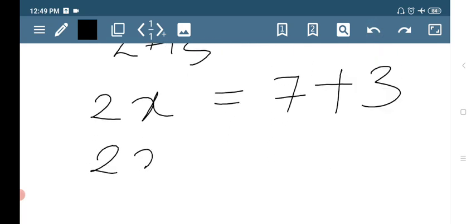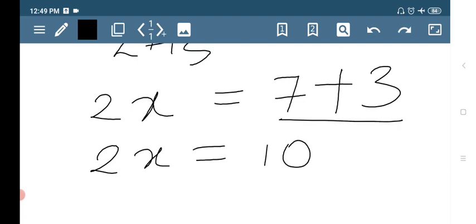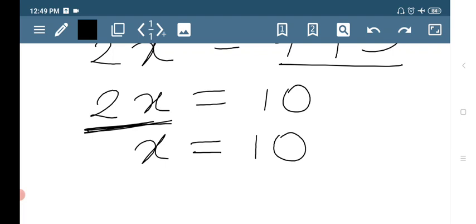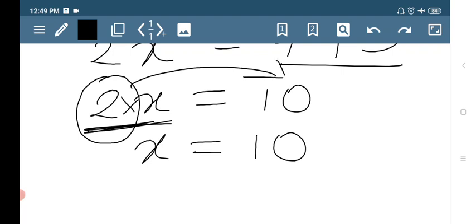So 2x is equal to 7 plus 3, 10. Now look here students, 2x is nothing but 2 into x. If anything is in multiplication, if it goes from LHS to RHS or RHS to LHS, or you can say if it jumps the equals to sign, the multiplication becomes division.